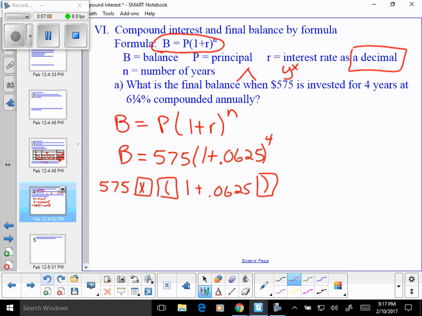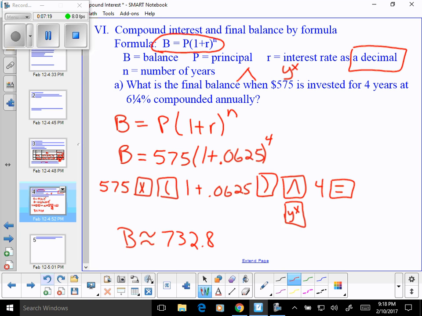Then you want to use either your power key or y to the x key, and then the 4, and then equals. And if you do that, your balance should come out to approximately 732.80 when you round off.